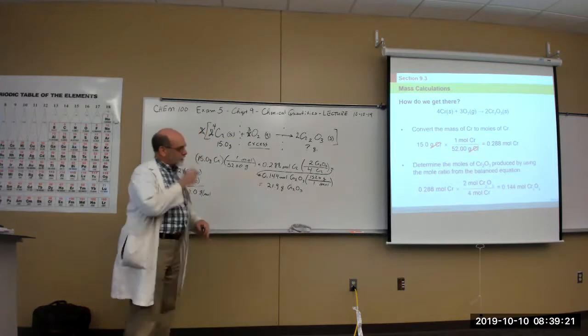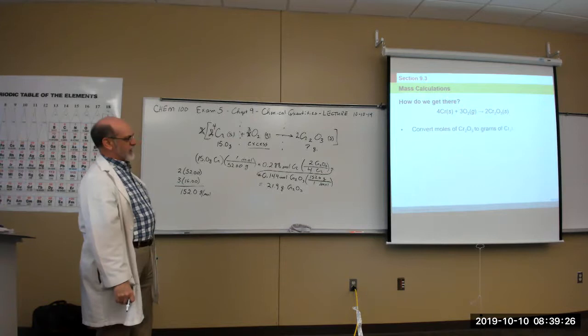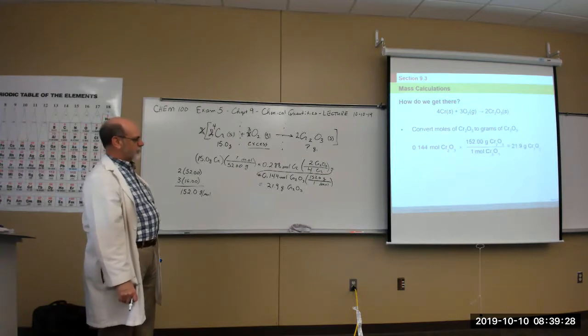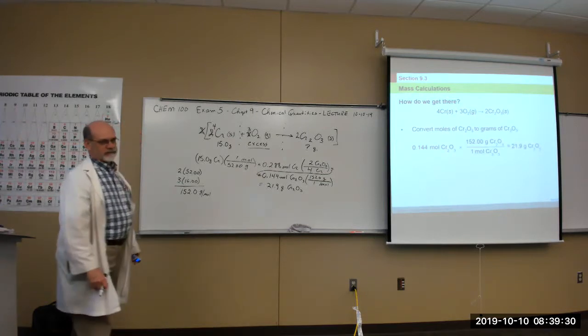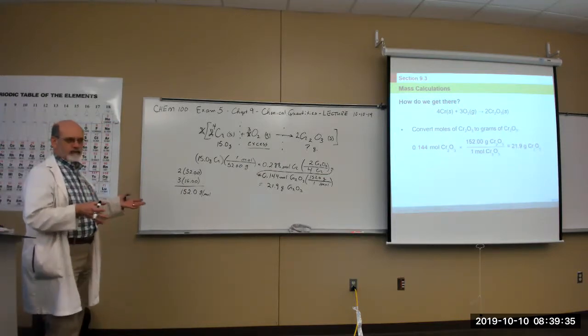Okay. And then finally, our conversion back to mass. Okay, 21.9 grams. So those are the basic steps that you'll follow in every stoichiometric problem.